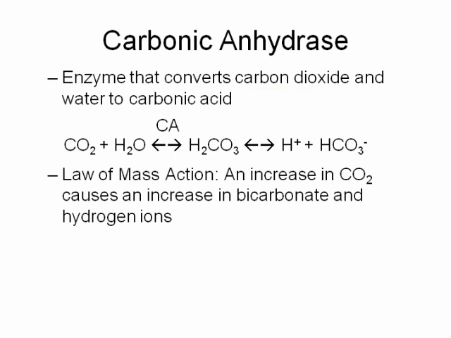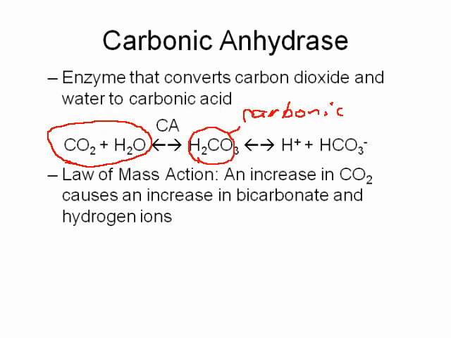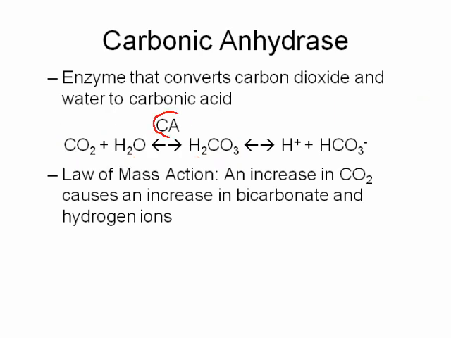So what's actually happening in the erythrocytes when they're converting carbon dioxide into bicarbonate ion is shown in this chemical equation. Carbon dioxide and water will form carbonic acid, and the enzyme carbonic anhydrase does, as all enzymes do, is hasten the reaction.